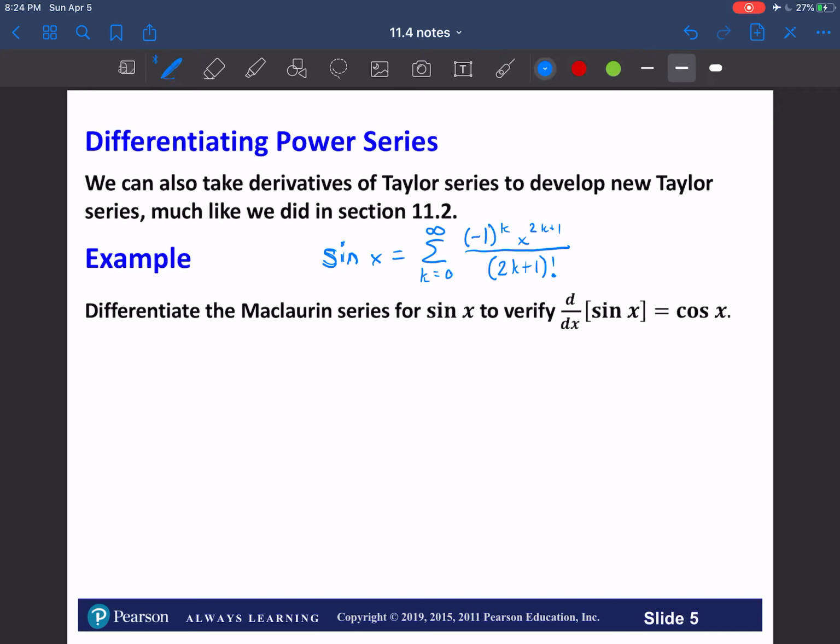All right, so the derivative of sine of x, d by dx of sine of x, is equal to the derivative of its associated Maclaurin series. So we just replace sine of x with its Maclaurin series.